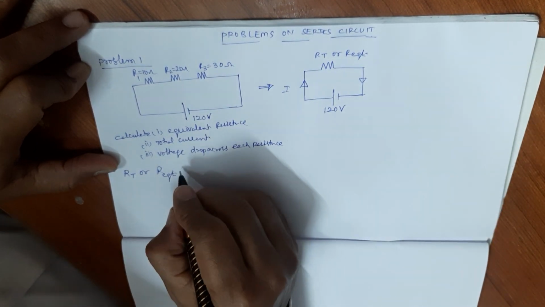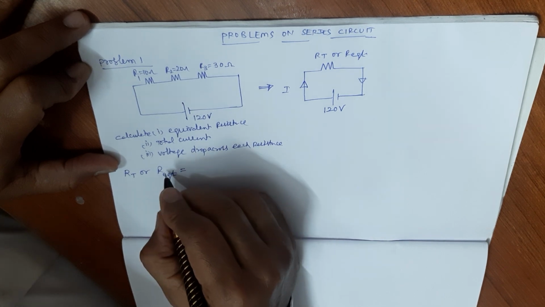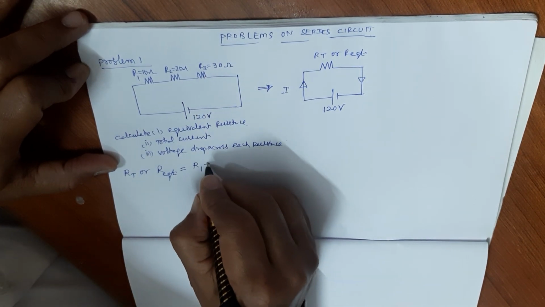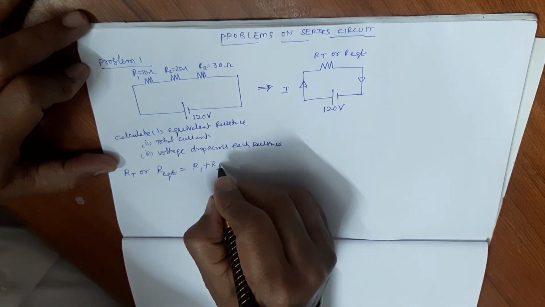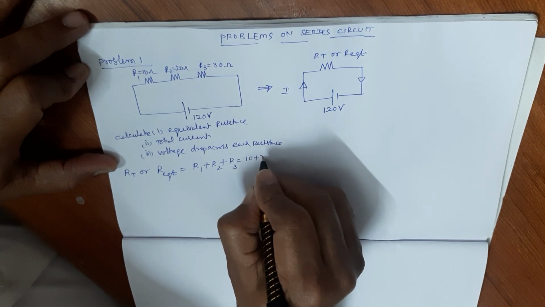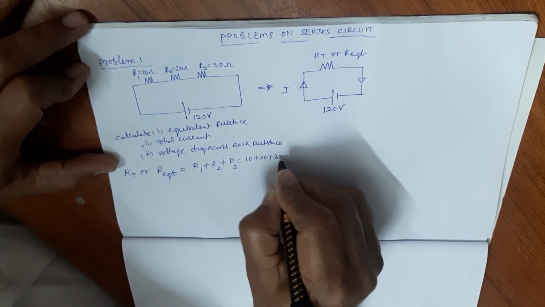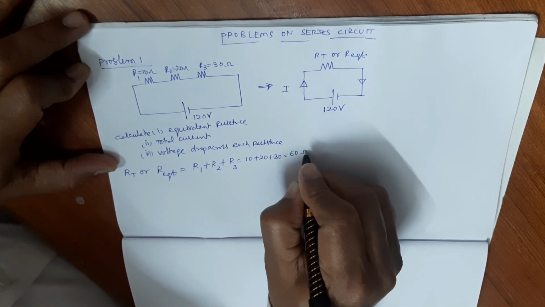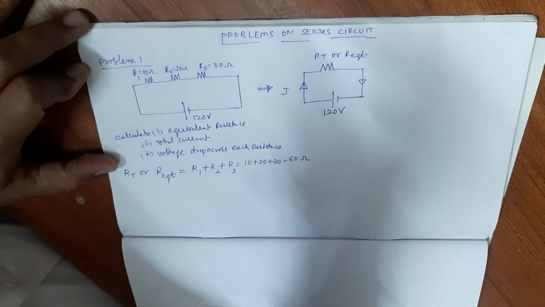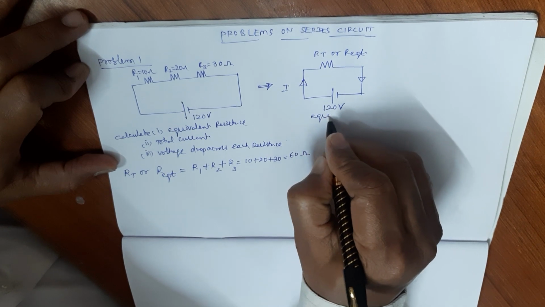Now, what is the formula? R total or equivalent resistance in a given series circuit is the sum of the given resistances, that is R1 plus R2 plus R3, 10 plus 20 plus 30, 60 ohms. Now, this circuit is simplified as this circuit. This is called the equivalent circuit.